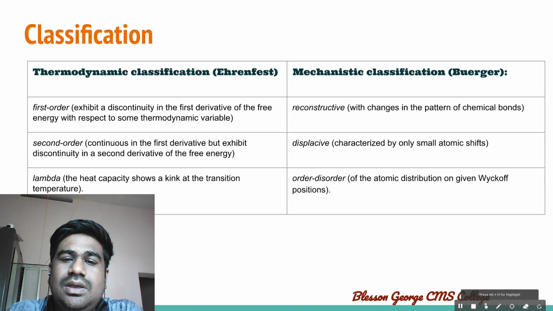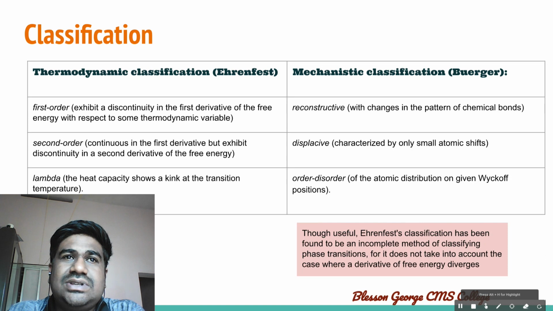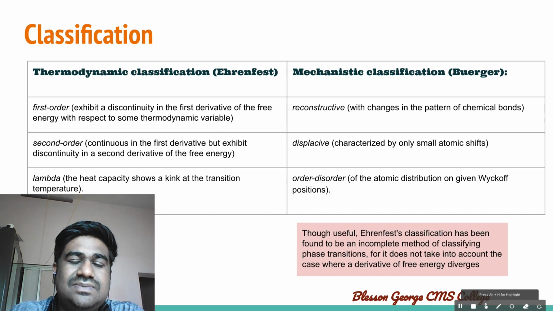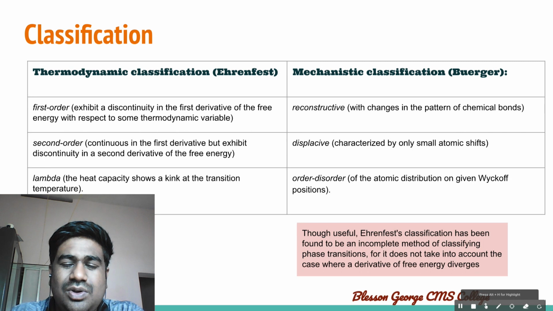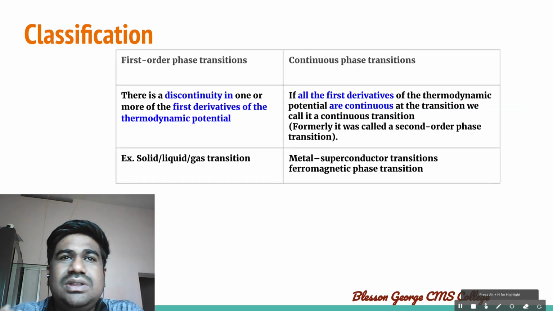In mechanistic classification, it is like reconstructive, displacive, order-disorder terms. The Ehrenfest classification was useful, but it does not take into account the case where a derivative of free energy diverges. So the Ehrenfest classification was abandoned. It's no more used. In the modern classification, we have only these two.